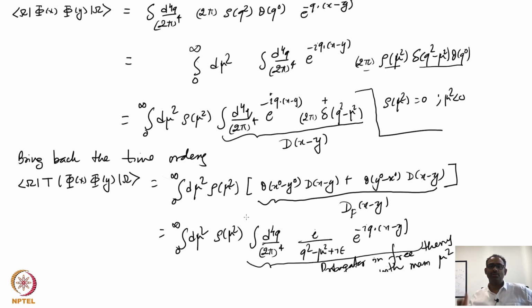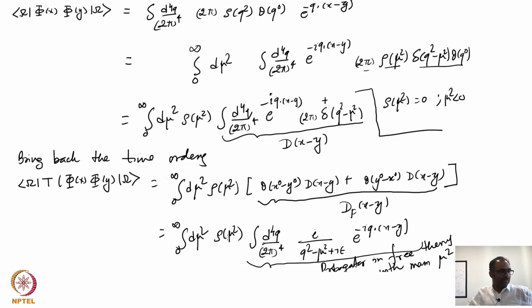And of course, rho of mu square will be given by the theory that you are looking at. Only what kind of interactions and what kind of fields you have will decide rho of mu square, because this part is the same for whatever theory you are looking at. This is going to be identically the same, whether you are looking at phi^4 theory or whatever other theory. What changes is rho of mu square when you go from one theory to another.